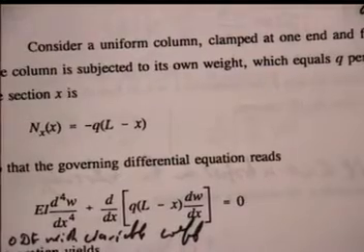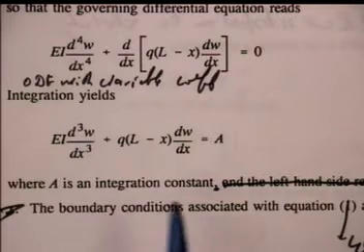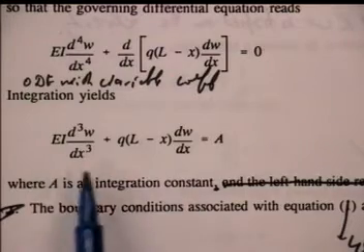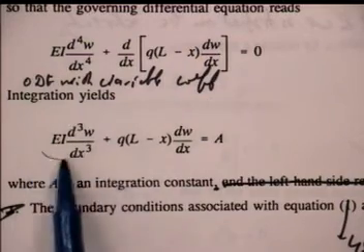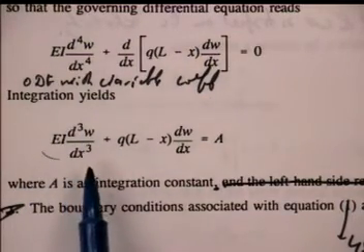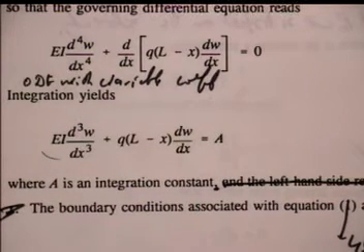Now, this differential equation is correct for any x. Naturally, it is also correct for x equals L. So let us substitute here x equals L. When x equals L, this term vanishes. But at x equals L, we just showed that this third derivative equals 0. So this is 0, therefore A must be 0. Once we substitute x equals L, we find that A must be 0.